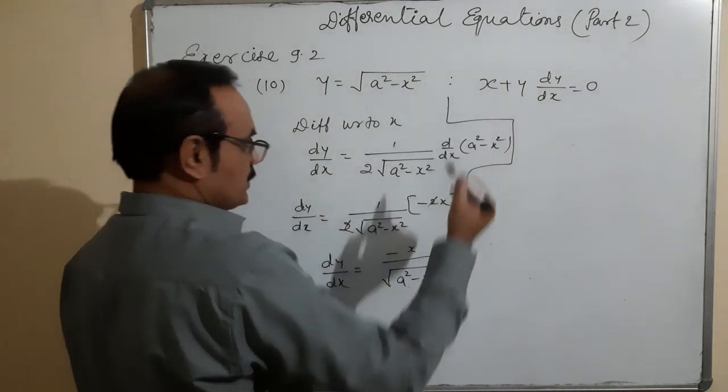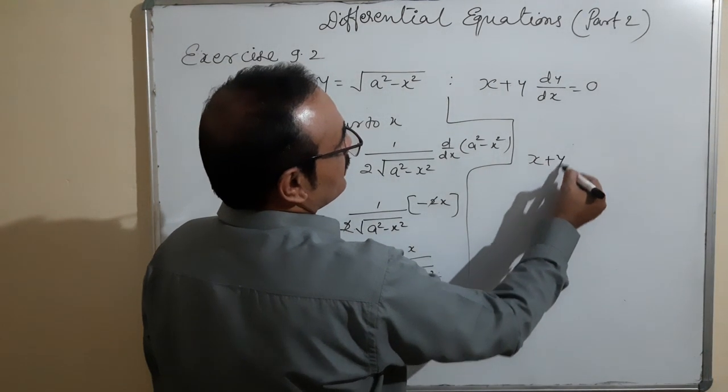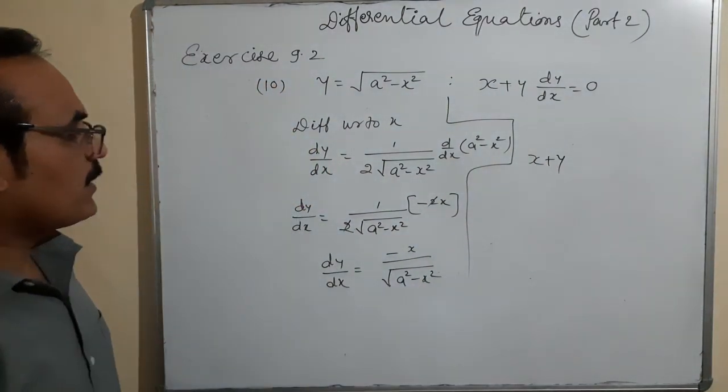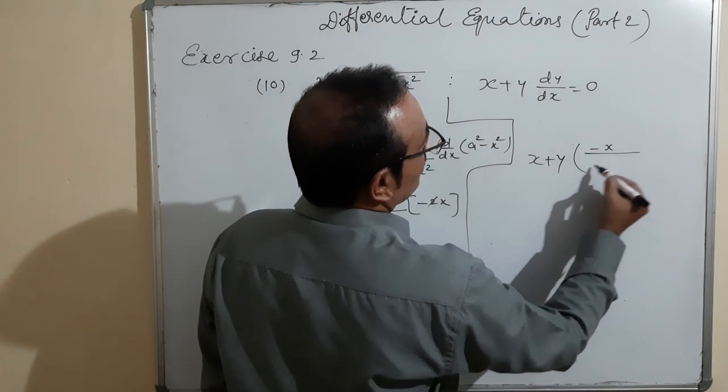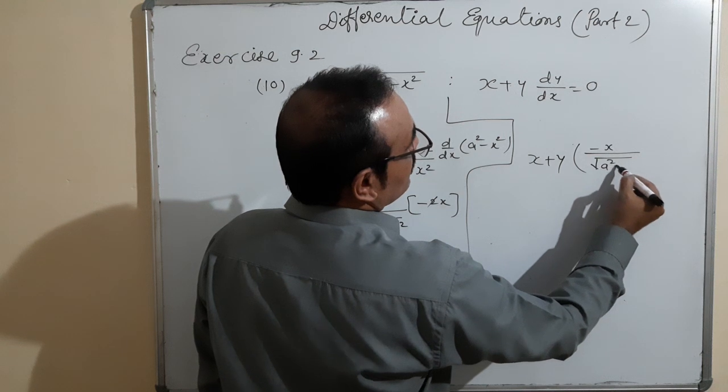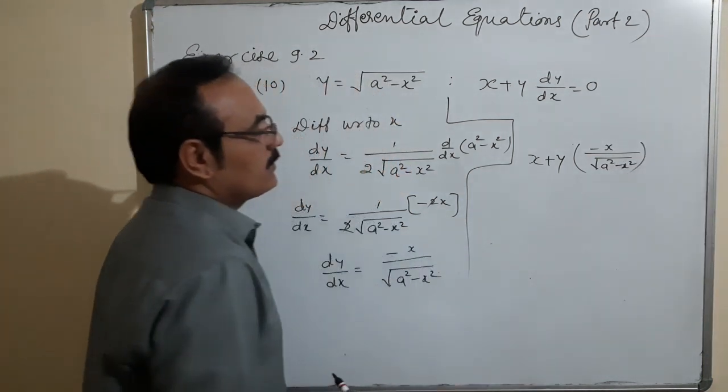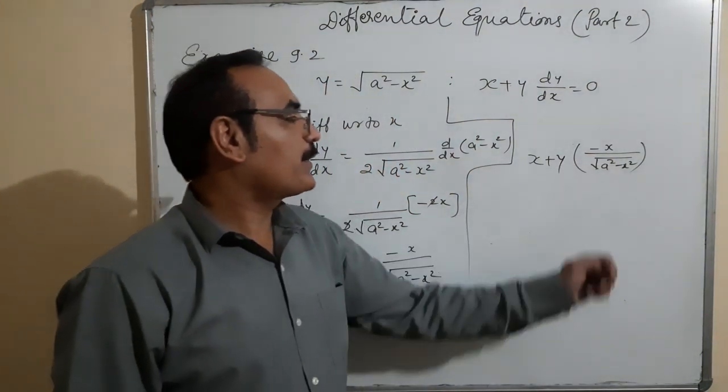This value will be substituted here in x plus y dy by dx, where dy by dx is minus x upon under root a square minus x square. But you can see that no simplification is coming here.